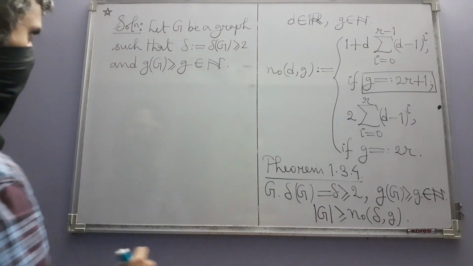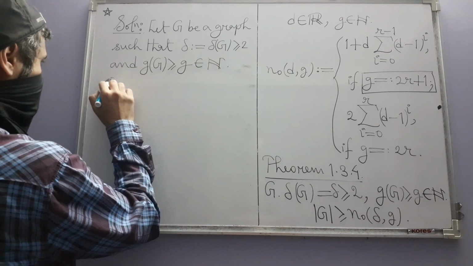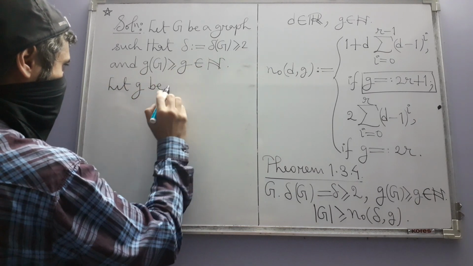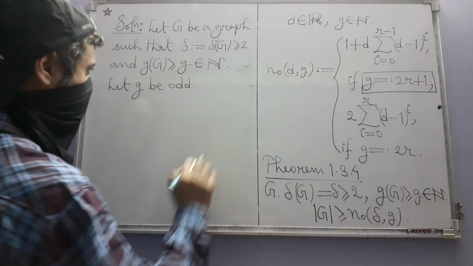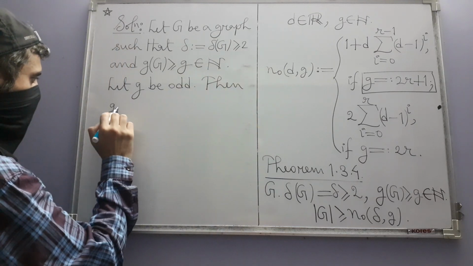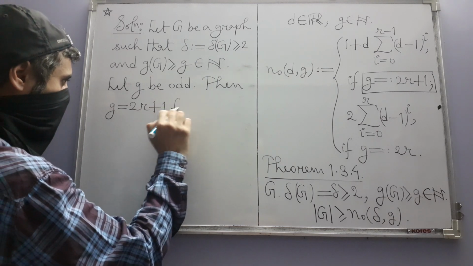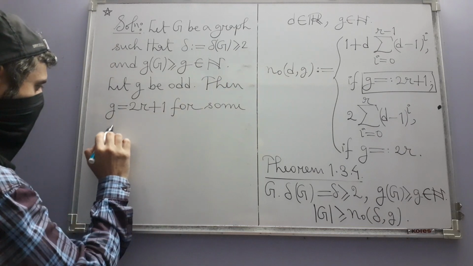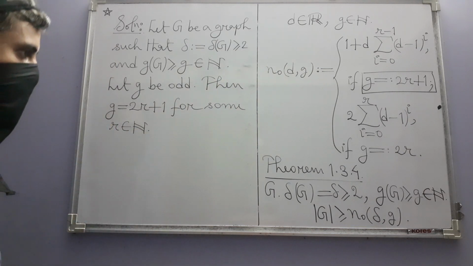Now we have to prove this. Let small g be odd, then small g is equal to 2r plus 1 for some natural number r.